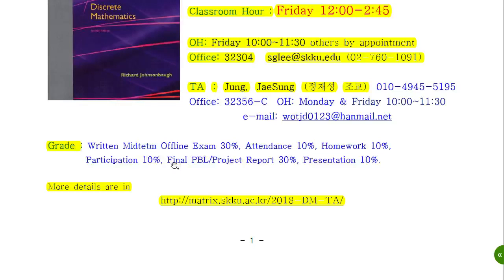Your final PBL report or project will be counted for 30%, so this is going to be as important as your written exams. Your final presentation and the earlier presentations will be counted for 10%, which makes 100%. That will be accumulated to assign your class grade.